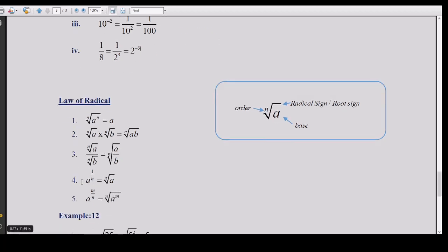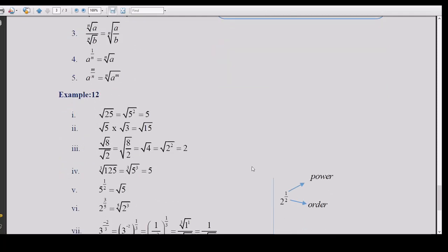The same thing, just the opposite of the first law here. If you are writing a to the power 1 by n, this can be written as a radical, because if the power has a fraction, the numerator part will be the power and the denominator part will be the order of the radical sign. Order of whom? Order of the radical sign.